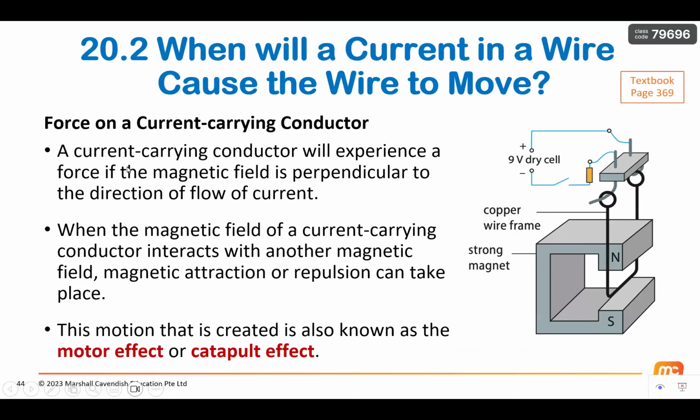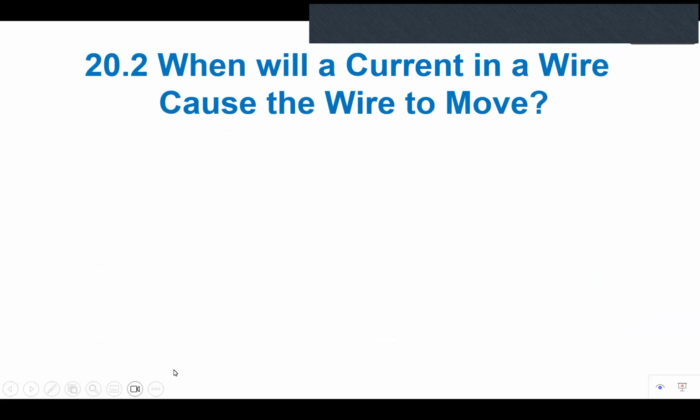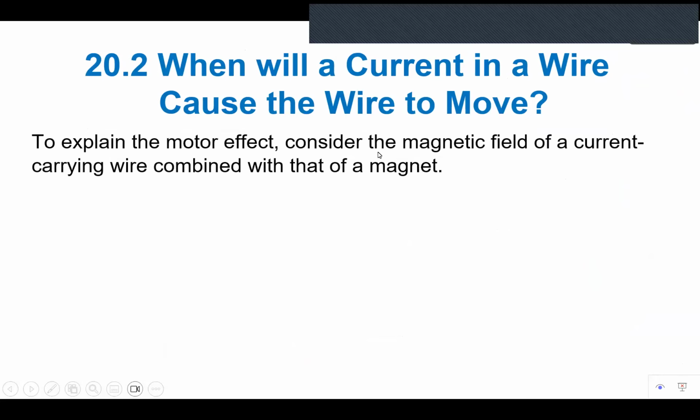This force that causes the current carrying conductor to move is called the motor effect or the catapult effect. We will learn about the DC motor in the next part of this chapter. So when will a current in a wire cause the wire to move?